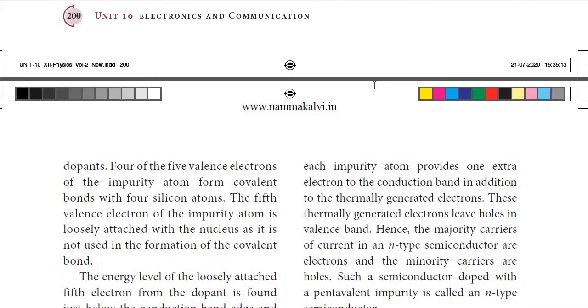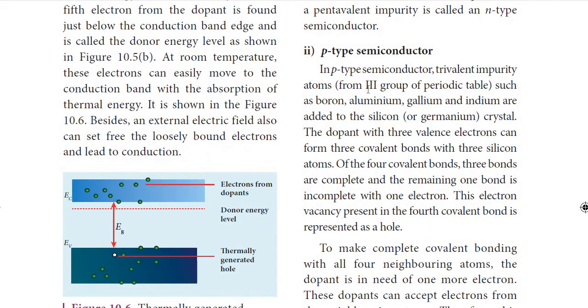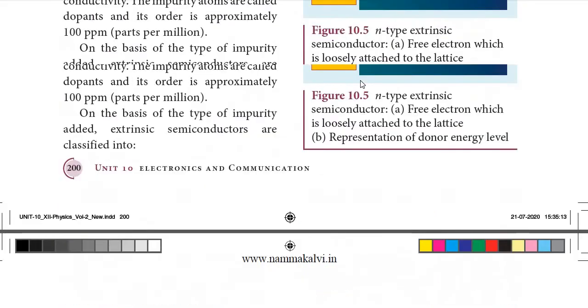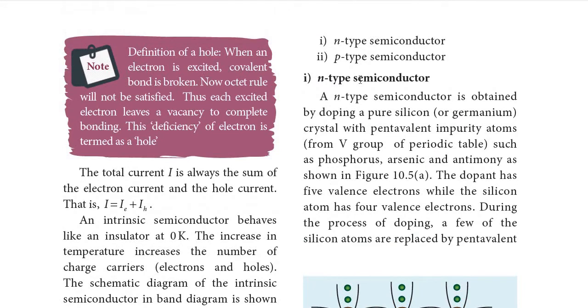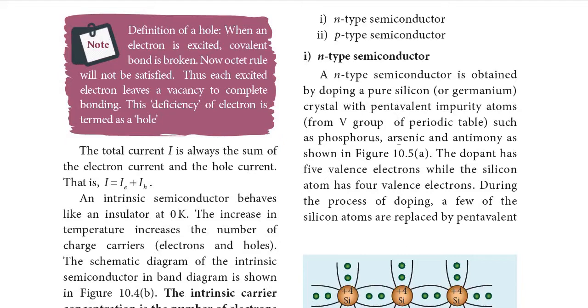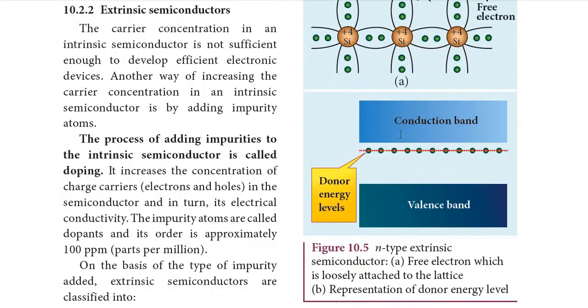Holes are generated here. Trivalent impurities added with the semiconductor, holes are generated, that is called P-type semiconductor. When pentavalent impurities are added with the semiconductor, it will produce electrons. So that is why it is called N-type semiconductor.